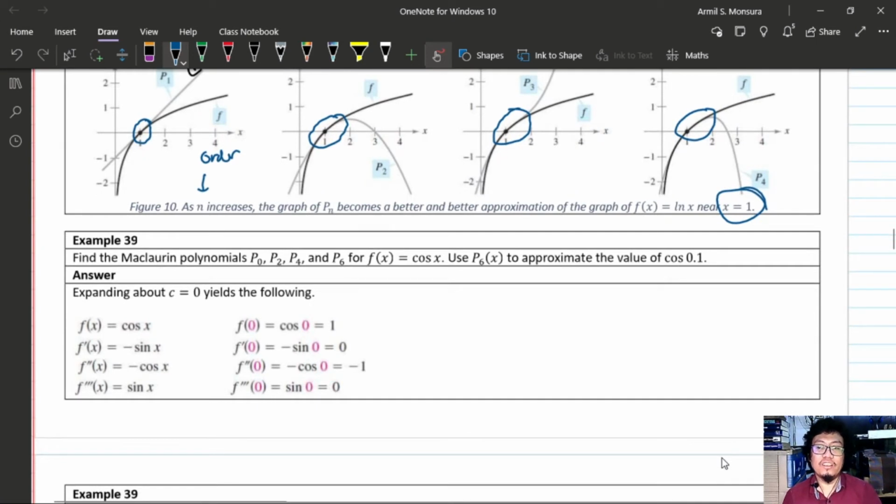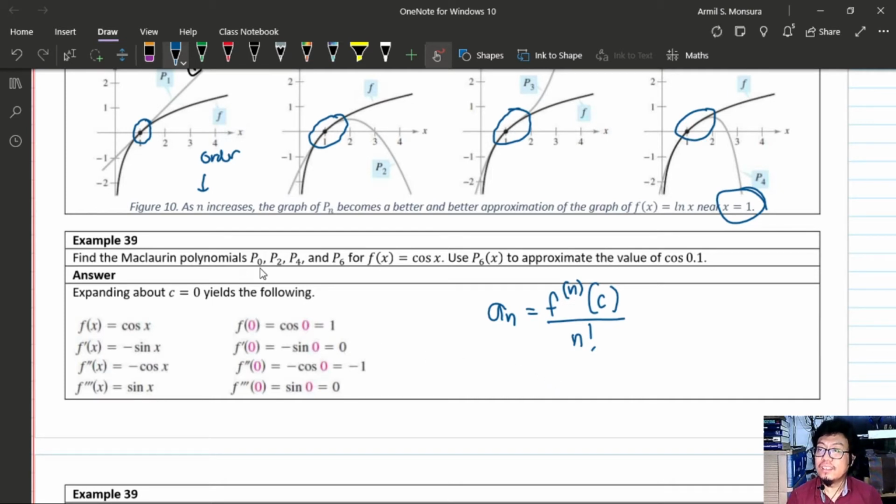I think I can leave you to work on example 39. Just remember that when you work on this, the nth order coefficient is the nth derivative of f at c, divided by n factorial.